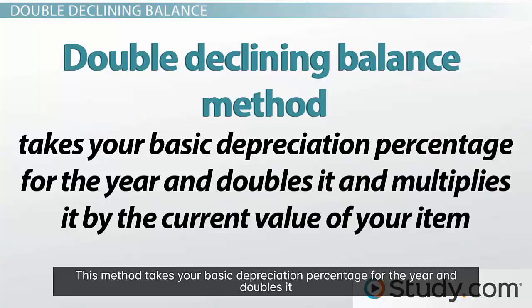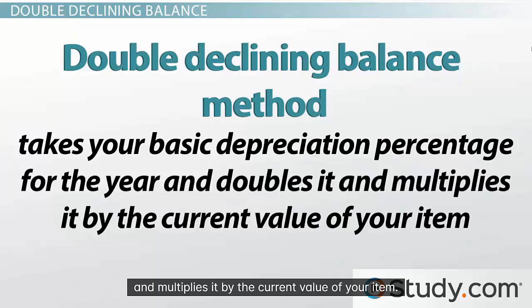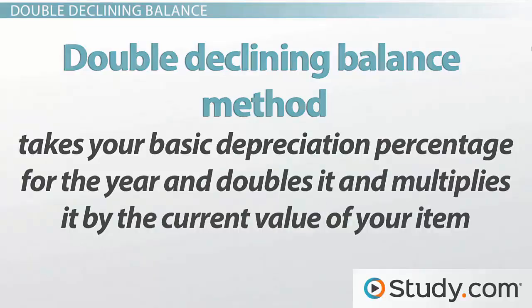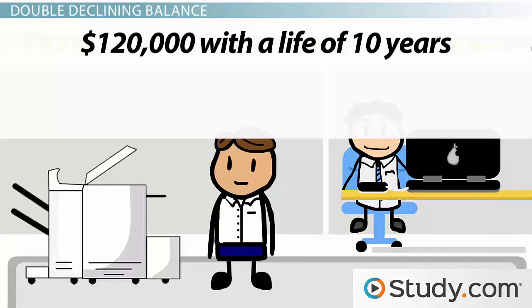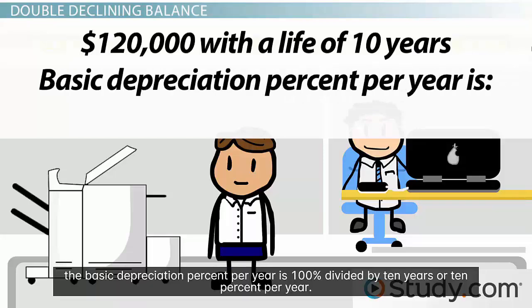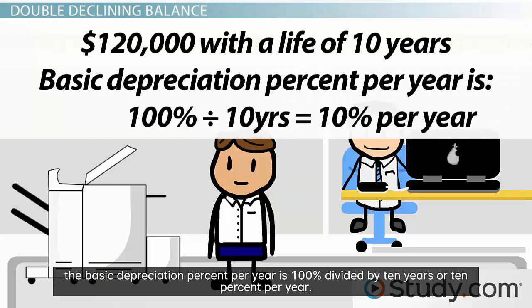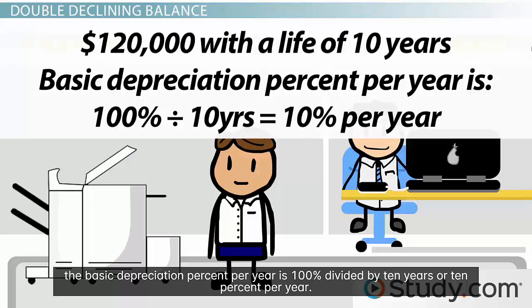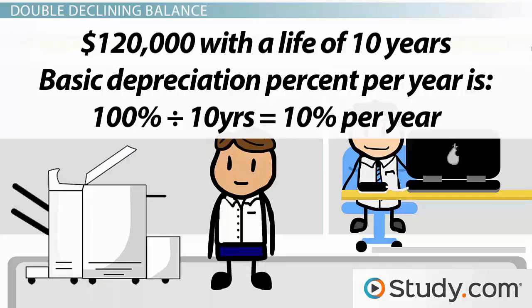This method takes your basic depreciation percentage for the year and doubles it and multiplies it by the current value of your item. So for example, if you were depreciating one of your large printers that costs $120,000 with a life of 10 years, the basic depreciation percent per year is 100% divided by 10 years, or 10% per year.